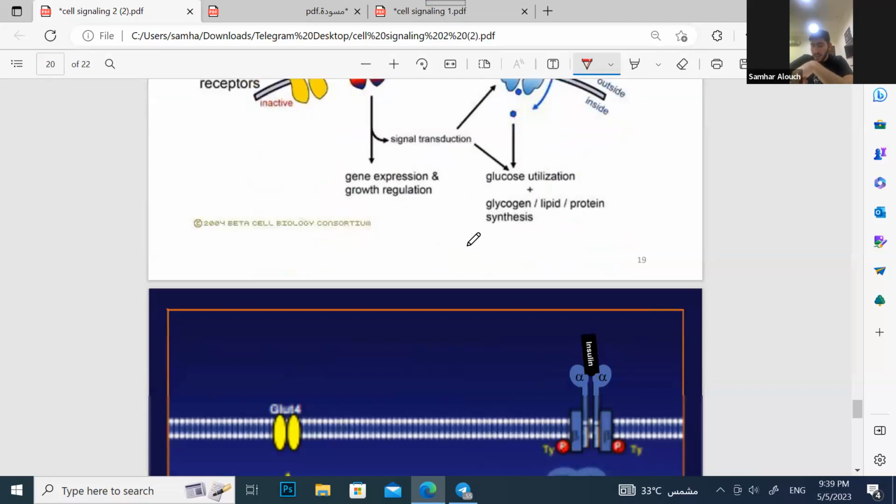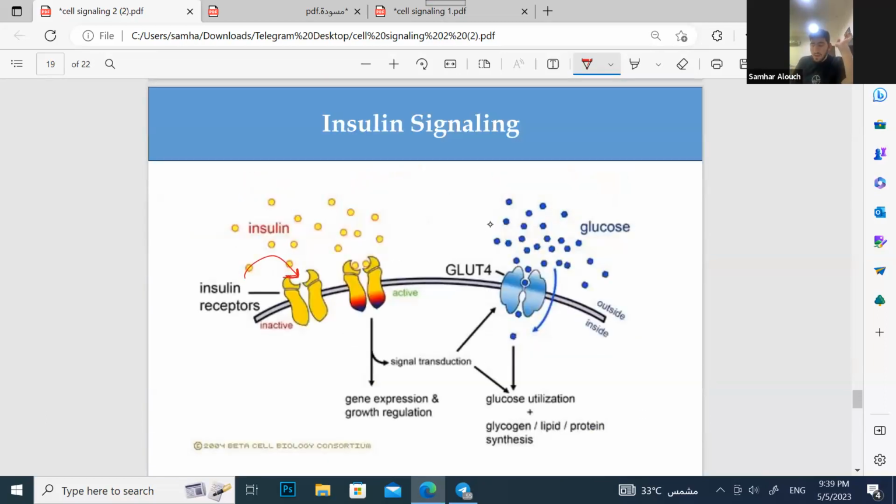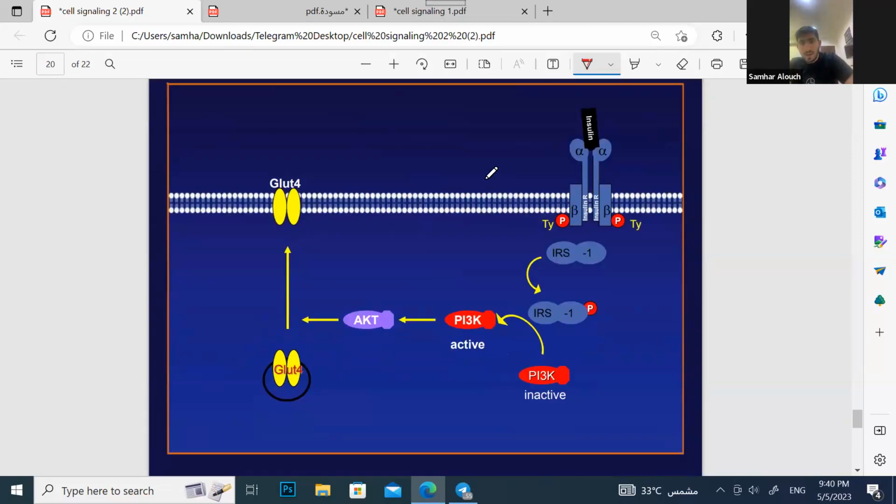So last time, before we reach the pathway, insulin binds to the tyrosine kinase receptor. It activates it, and once it's active, it causes many things that cause the GLUT4 or all the GLUTs to be active, increase protein synthesis, increase fat synthesis, and whatever. So how does insulin do that? Before I say that, is everything clear? Because now it's a very important point.